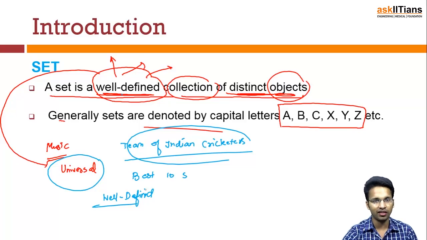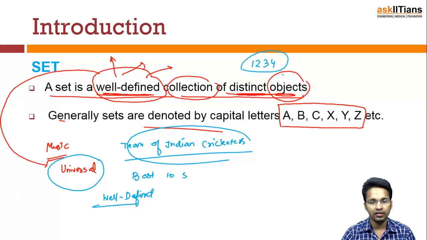If the answer is yes, then it's a collection of distinct objects and you can call it a set. Suppose I take numbers 1, 2, 3, 4, I say this is a set of numbers less than 5. Everybody will agree to this fact, nobody is going to disagree. All of the people whom you will be asking will have the same opinion. So this is a set.